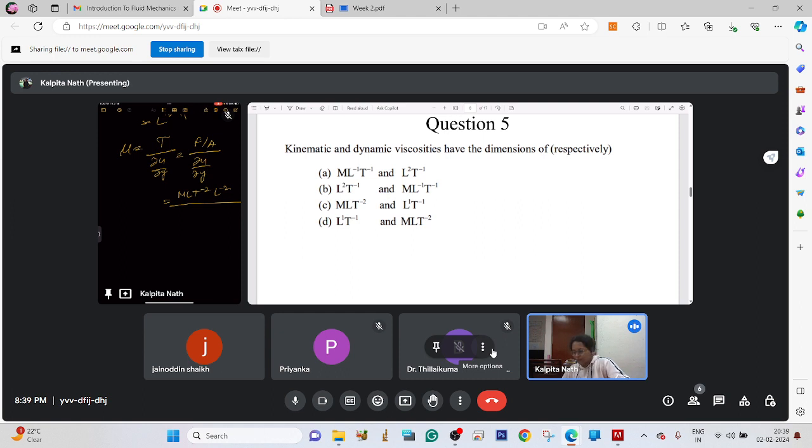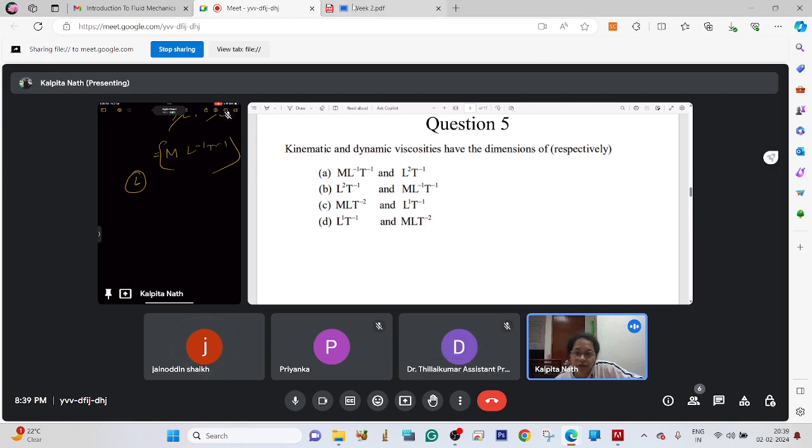M L t to the power minus 2 is for force, and del u del y is velocity, L t to the power minus 1, and upon del y is L to the power minus 1. So this will cancel out, and this will be M L to the power minus 1 t to the power minus 1. Simple. So this is option B.